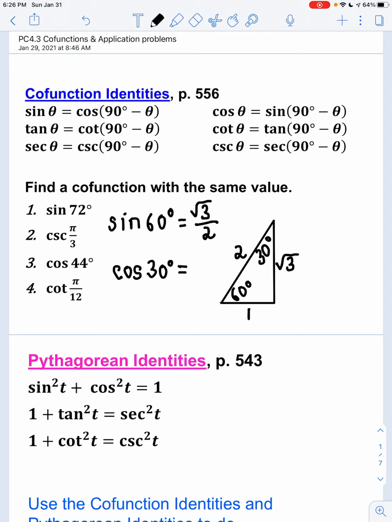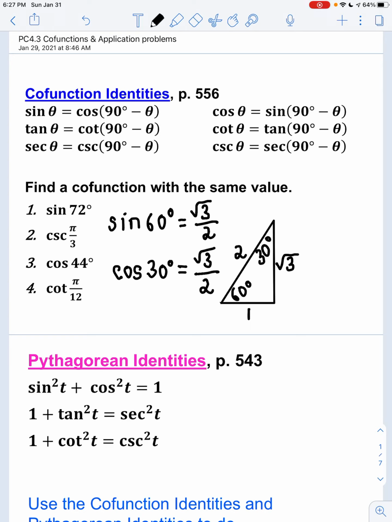If I were asked to find the cosine of 30, I'm looking at the 30-degree angle, and it just so happens adjacent over hypotenuse, the adjacent side in our triangle to the 30-degree angle is also the square root of 3 over the hypotenuse 2.